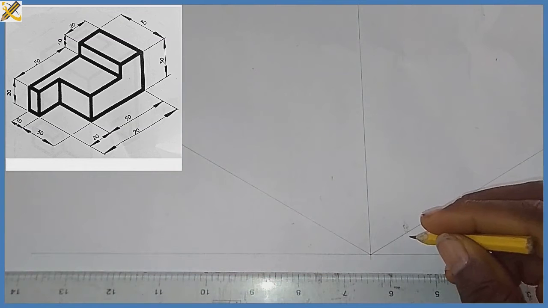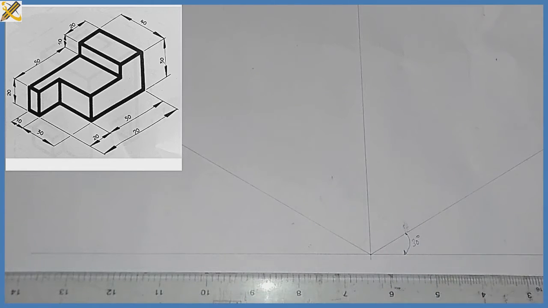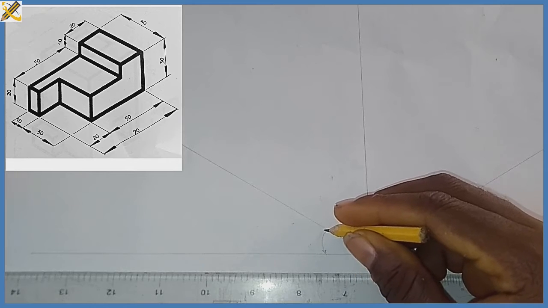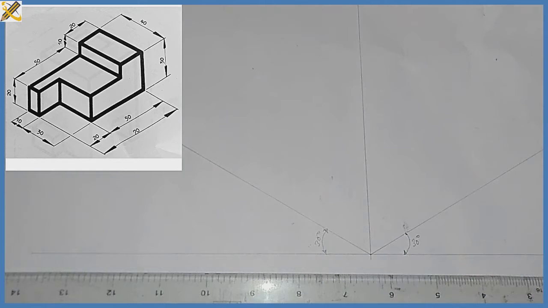So the angle within this area down here is 30 degrees. Likewise, the angle within this area is 30 degrees. And as I said earlier on, ensure the lines you are projecting are thin lines, which are construction lines first of all, so that in case of any mistake you can erase the mistake out completely.